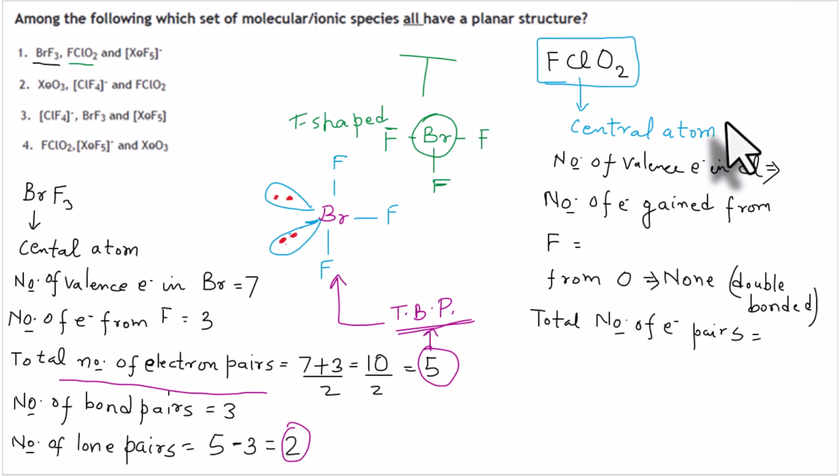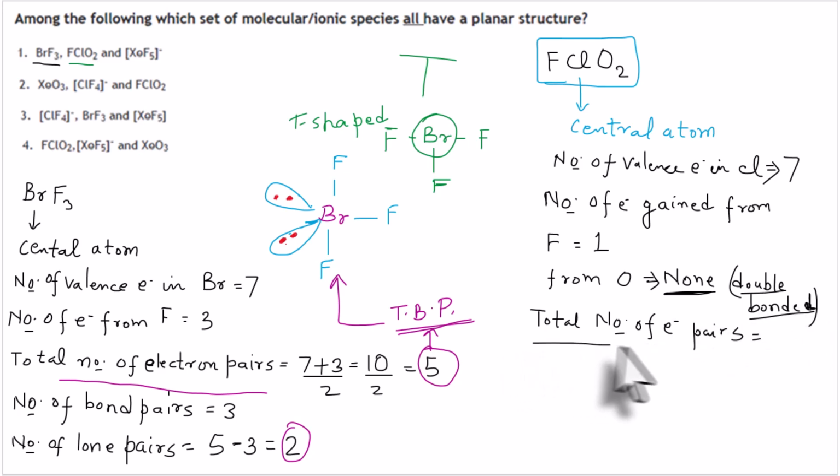Now the number of valence electrons in Cl is 7. Number of electrons gained from other atoms: from fluorine there is 1 fluorine atom, so 1. From oxygen we will not consider whatever is gained, because oxygen is double bonded here and VSEPR considers only the sigma bonded atoms.